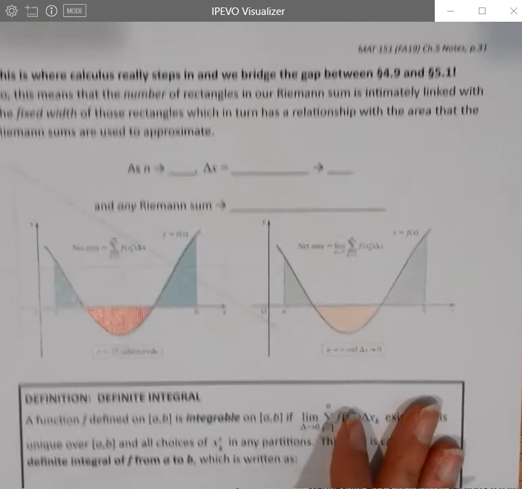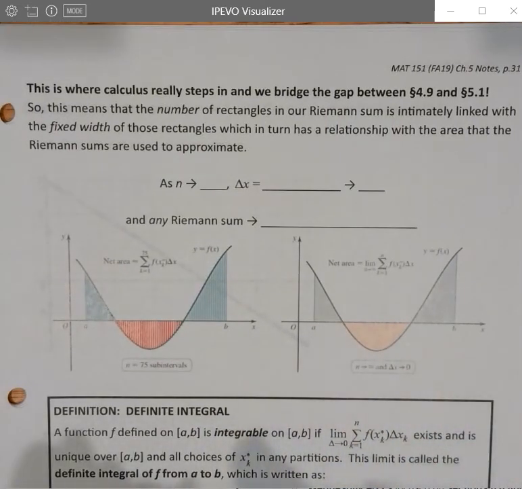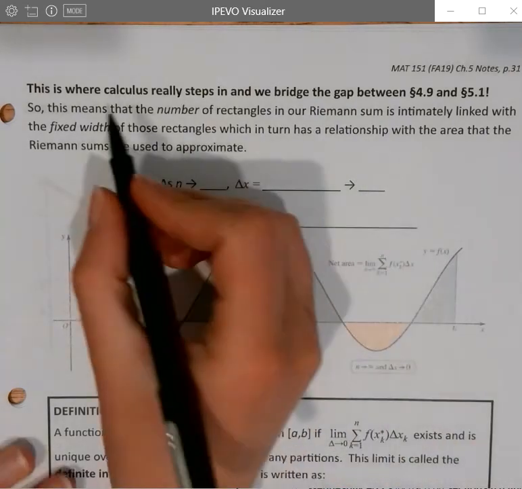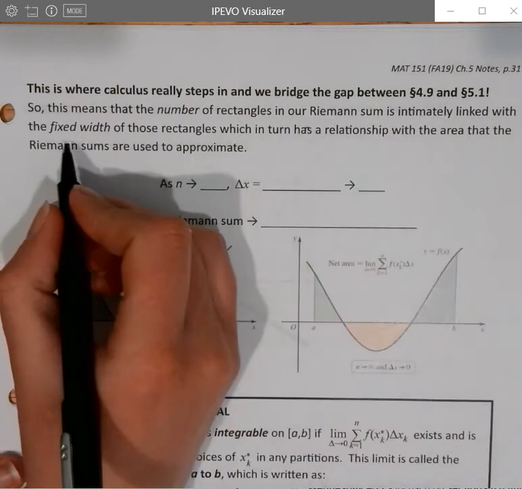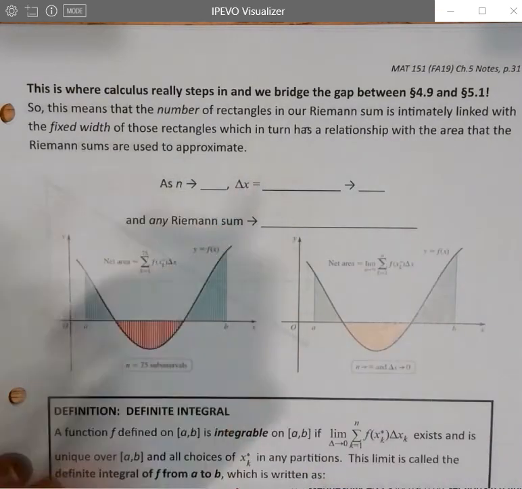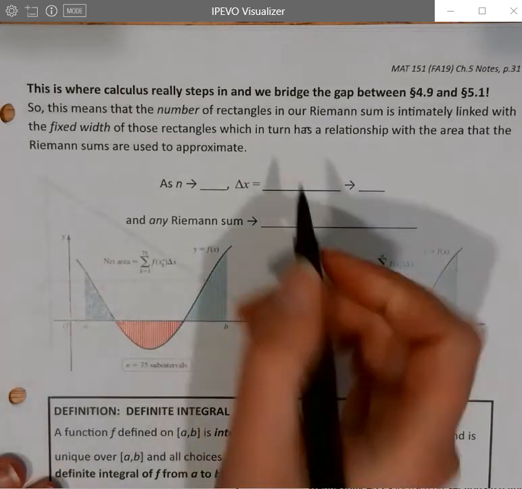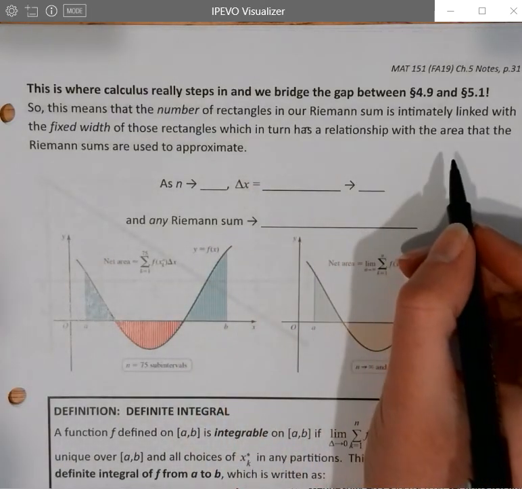Okay. So this is where calculus steps in and we bridge the gap between section 4.9 and 5.1. So this means that the number of rectangles in our Riemann sums is linked to the fixed width of those rectangles, which in turn has a relationship with the area.